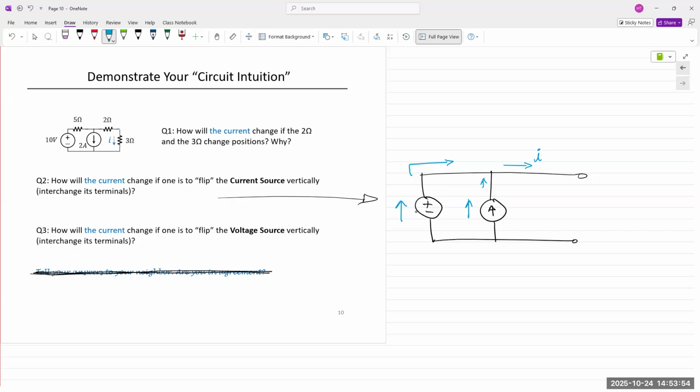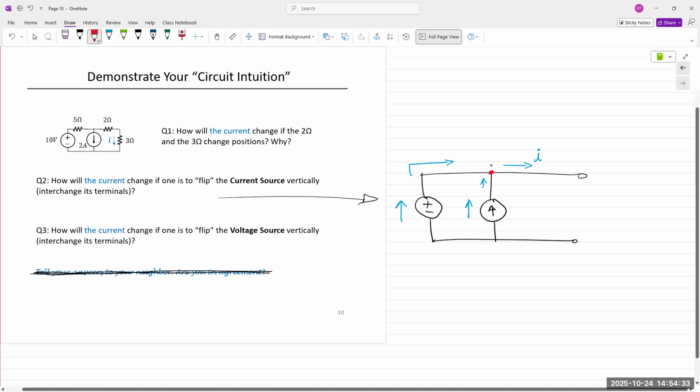The question being asked is, would there be more current flowing in the 5 ohm versus the 2 and 3 ohms? I don't think so, no. Current in the 5 ohm resistor is coming from the power supply, going from left to right. This is the 5 ohm resistor, right? If you apply KCL at the top here, what do you see?